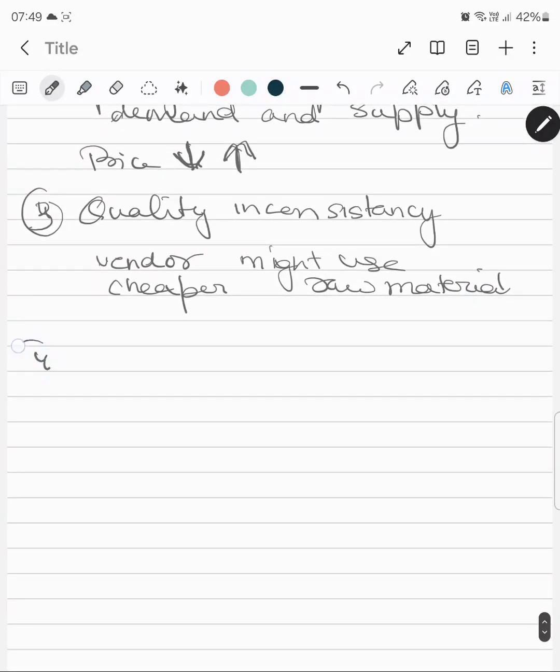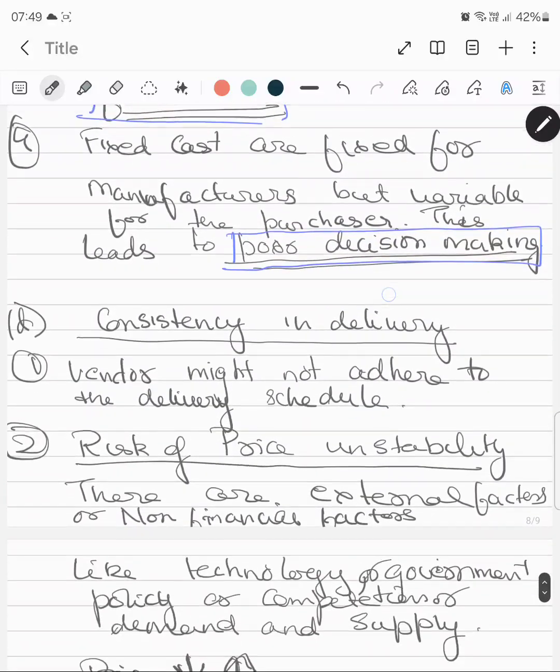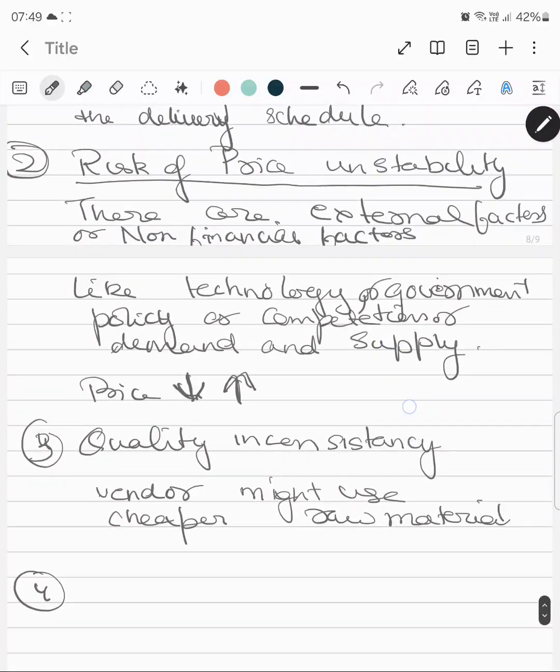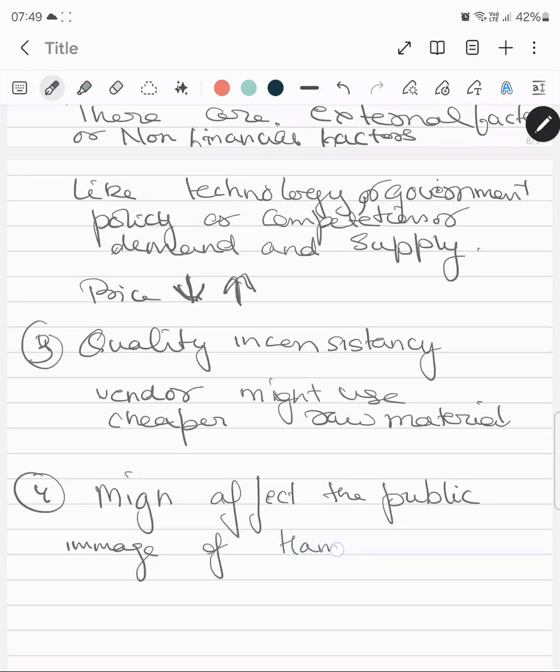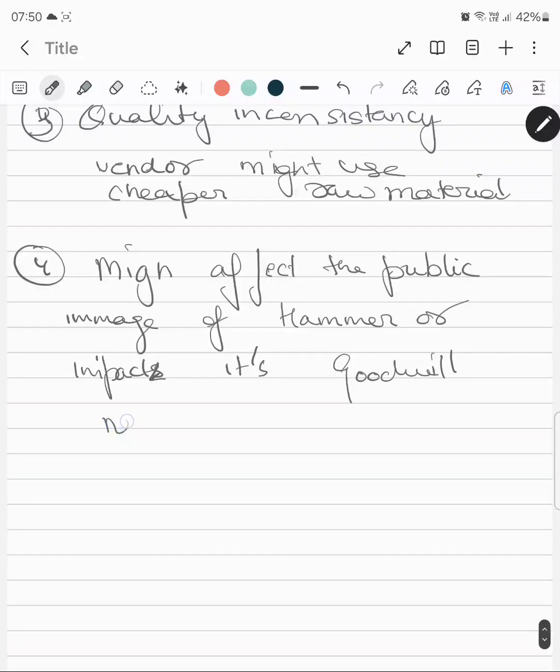And the fourth can be, if all these risk factors, the above three, are there, it might affect the public image of Hammer or impact its goodwill negatively. So these are the factors.